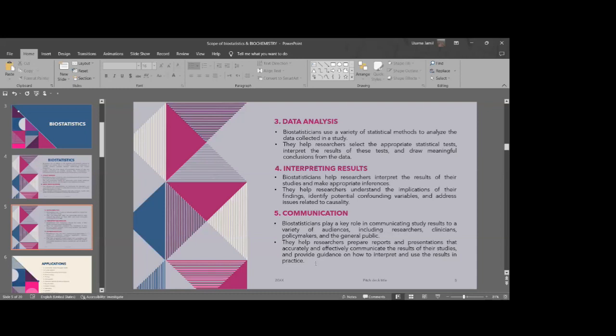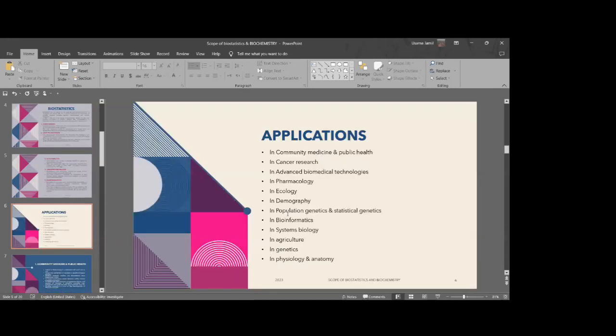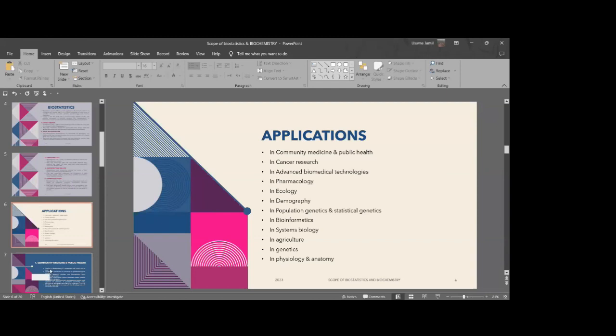They address potential confounding variables and issues related to causality. They play a key role in communicating with scientists, policymakers, and the general public, making it possible to put results in very simple language. They help researchers communicate the results of their studies, so publishing that specific research makes it easy for scientists or researchers to understand the major cause or the study they were working on.